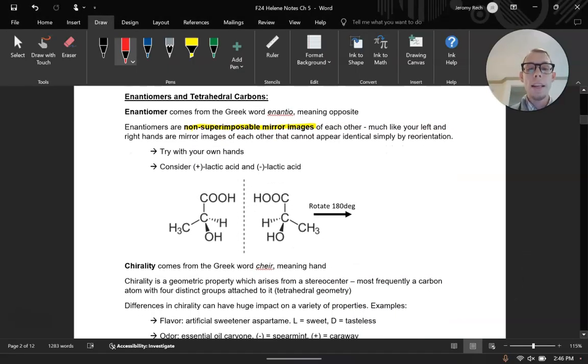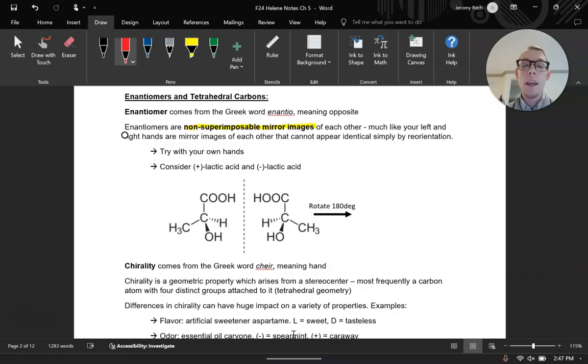So chirality, coming from the Greek word meaning hand, is going to be the geometric property that arises from your stereocenter. And most of the time, we're going to be thinking about carbons, although they can be other atoms, that are going to have tetrahedral geometry and 4 unique attachments. And you can have a bunch of different chiral centers.